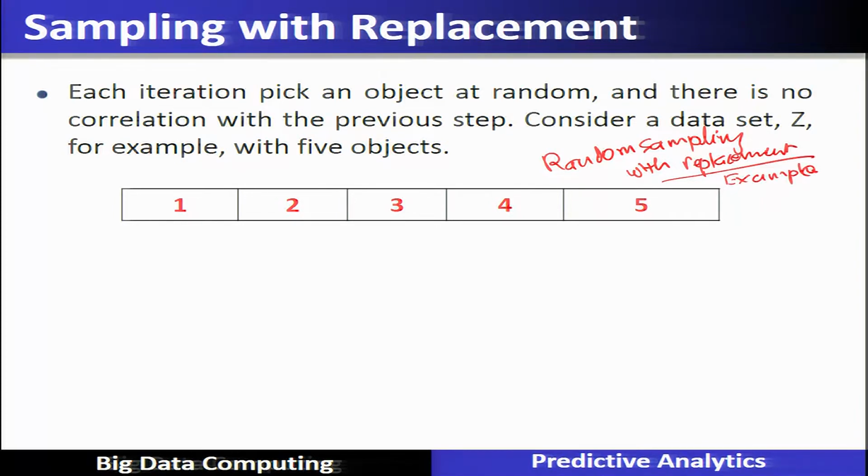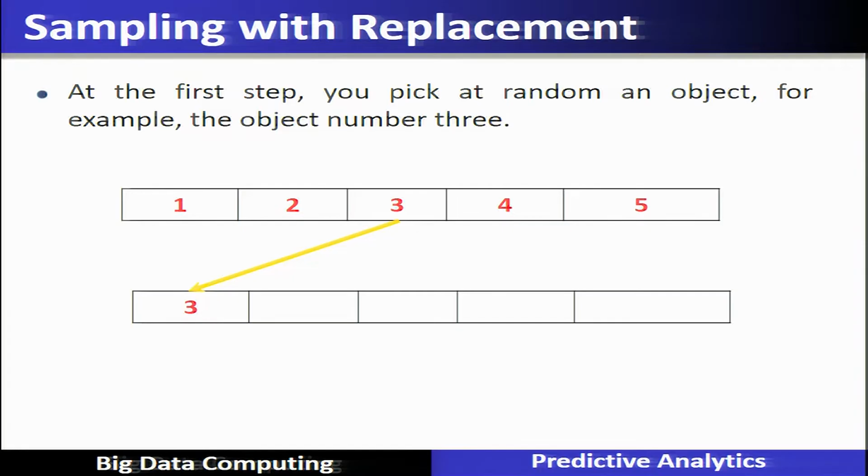So, let us understand this random sampling with replacement using an example. Let us say that this is the data set which is given, let us call it Z. Then we can build another data set, which is called Z star, by the replication of the same data set with replacement.